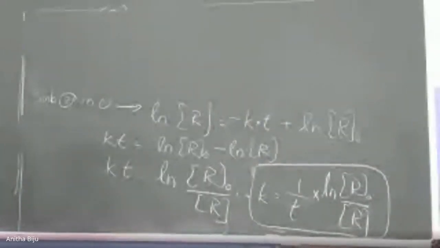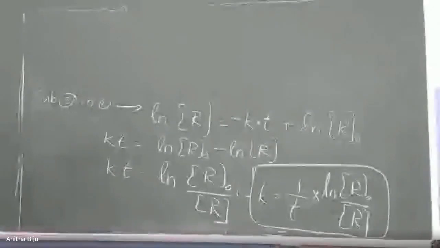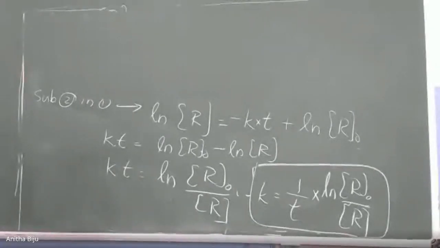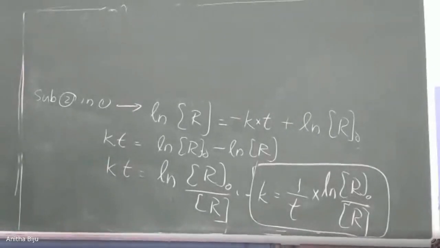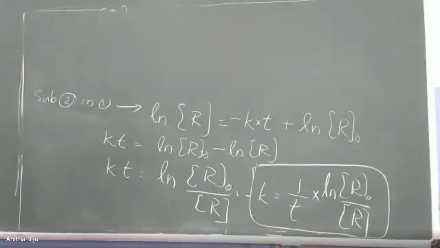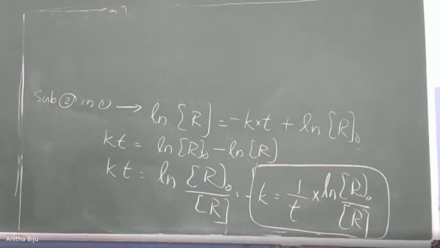Completed. K is equal to 1 upon t into ln r naught by r. Done? Yes, okay. All right. Pranjal completed. Harshit completed.